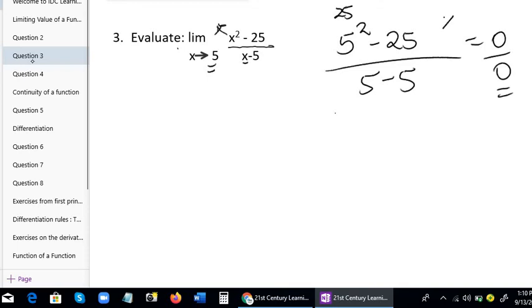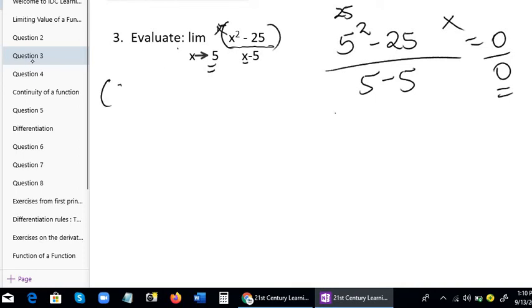So this is wrong. If you look at this numerator, this is a difference of 2 squares. For those of you that might be hearing that for the first time, this is how the difference of 2 squares works, in case you come across a problem like this.